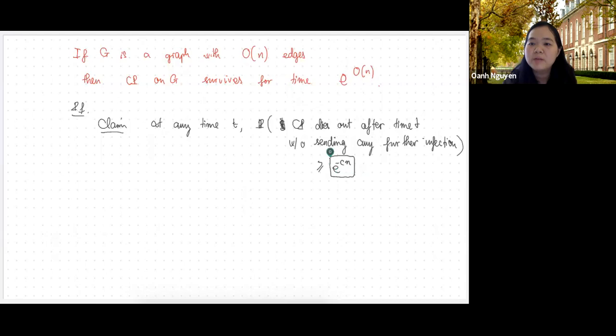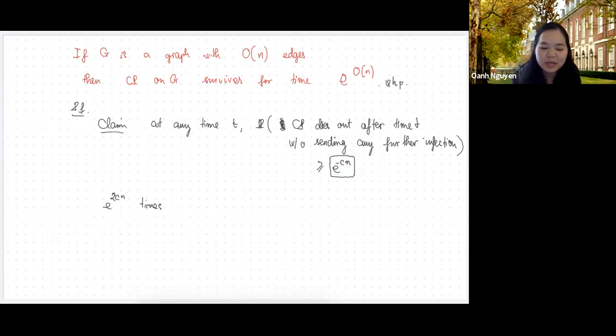So if we try it e to the 2cn times, at least one time will be successful with high probability.